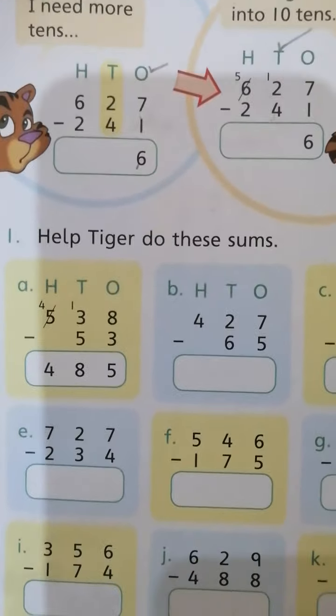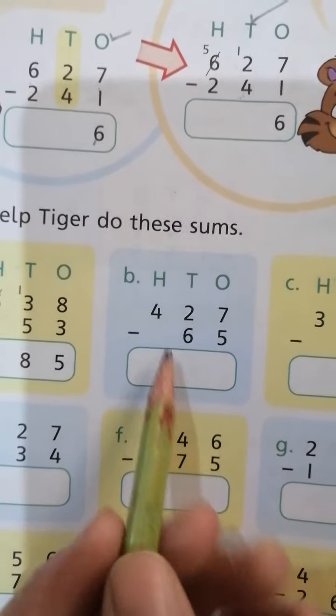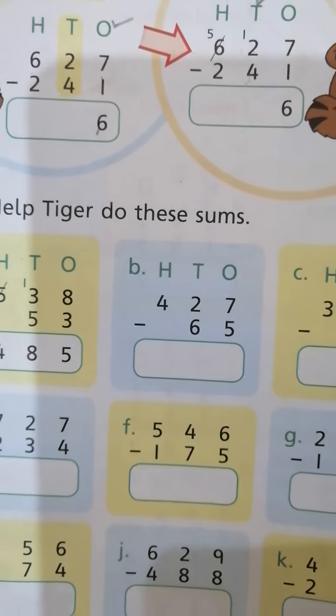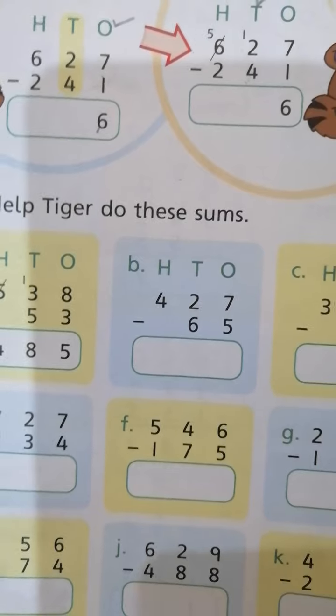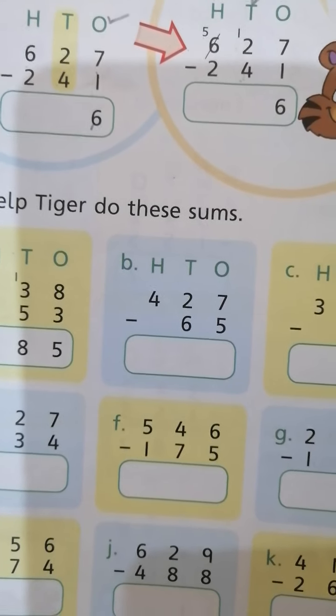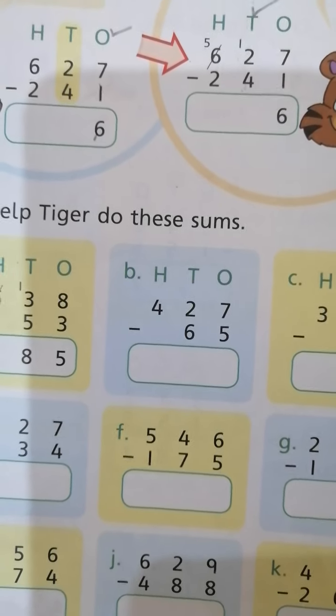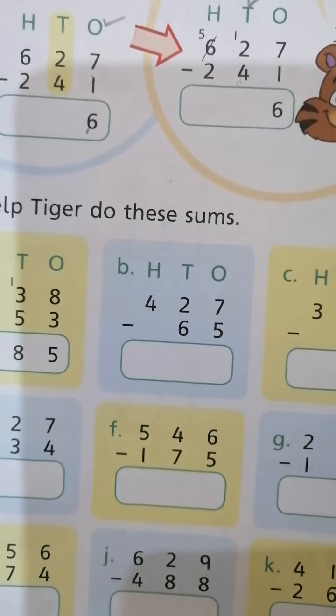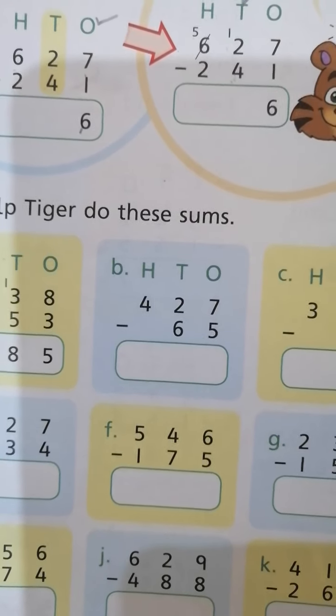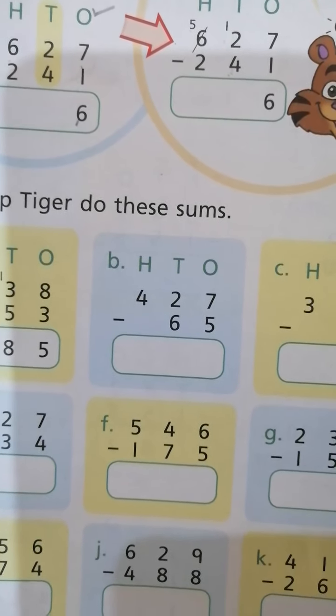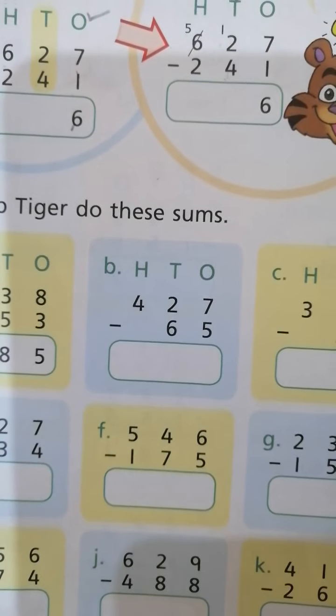Now come to the question. Let's solve part B. You can see that we have 427 and the other number is 65. As you know that we always start from the ones column, so let's start.